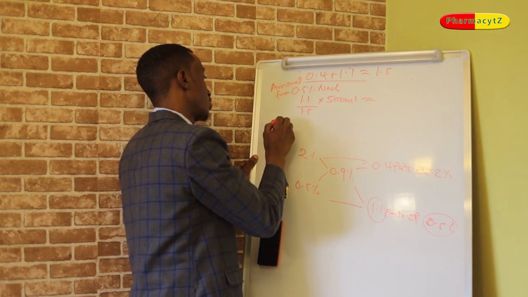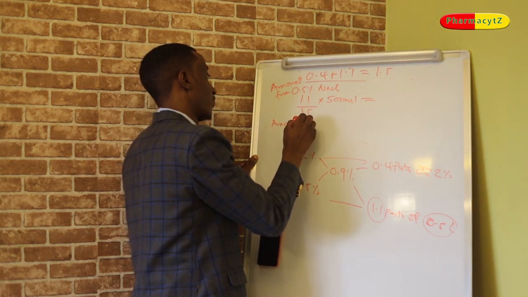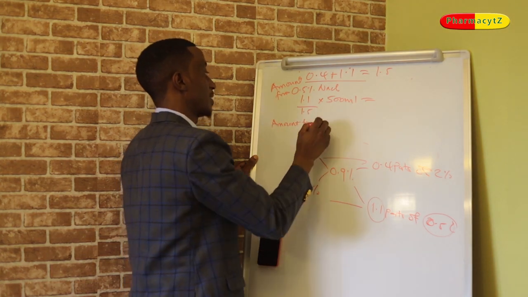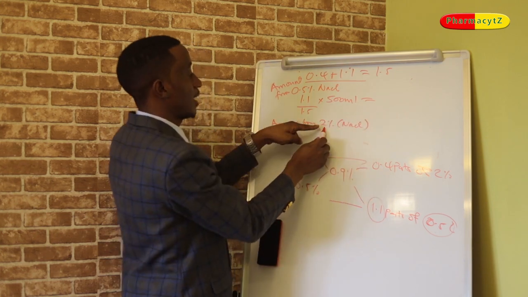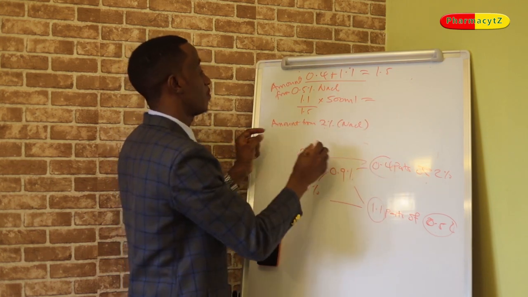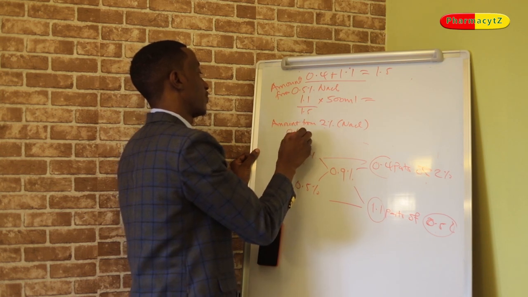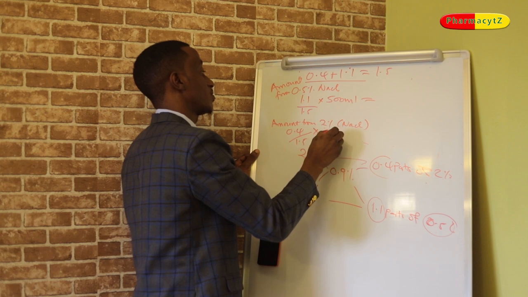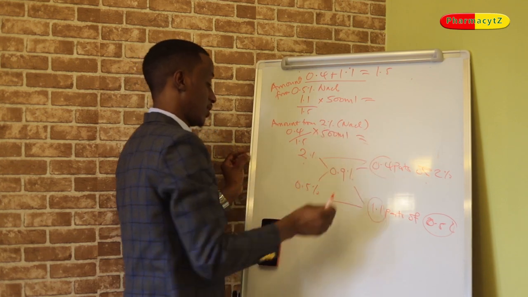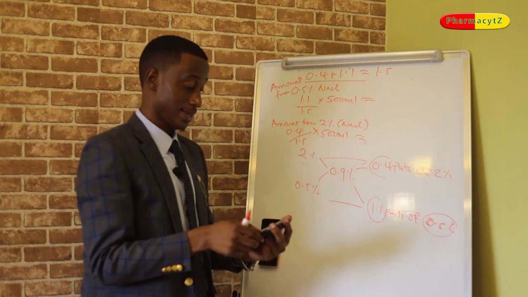So to know the amount to use from a 2% sodium chloride solution, consider parts of 2%, and these are 0.4 parts. 0.4 over total, which is 1.5, multiply by the total amount required, 500 mils, then we'll get the answer. Let us multiply.